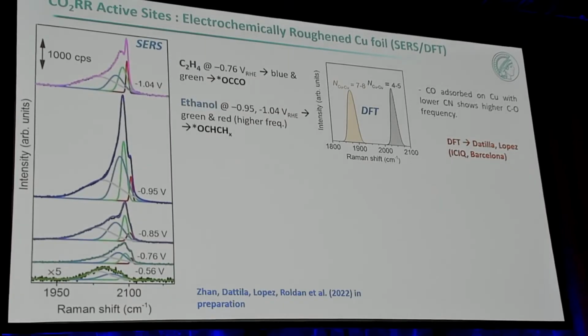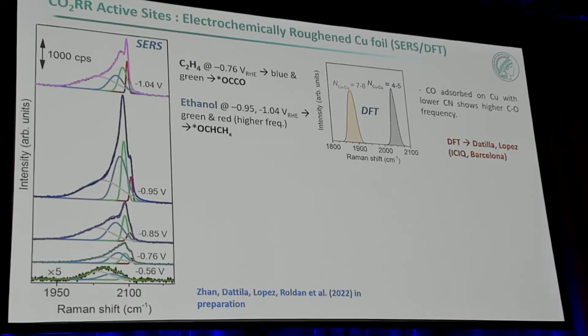So if you look at the surface-enhanced Raman data from this type of rough materials, we get very nice signals because they are very, very rough. And you could follow different applied potentials. And you can see that when you are making ethanol, there's this feature here that is coming up. And when you are making ethylene, there are mainly these two features here. So we can correlate the vibrational spectroscopy features with particular intermediates.